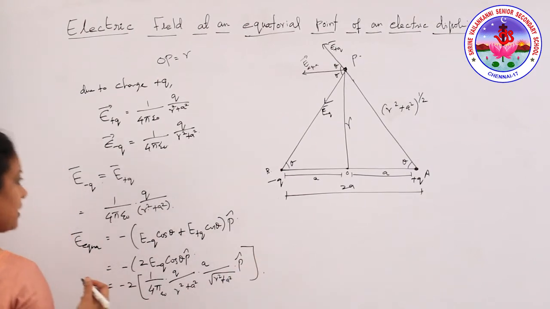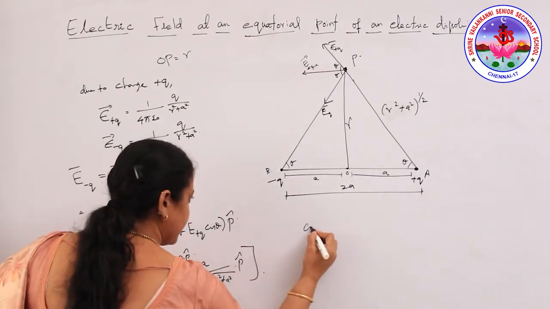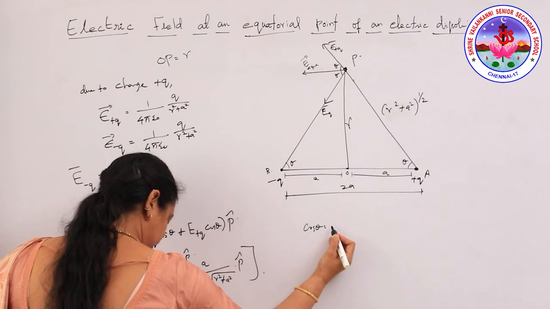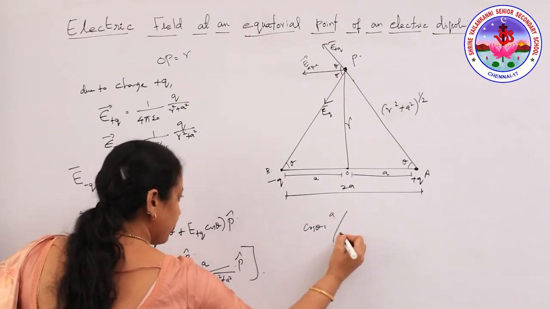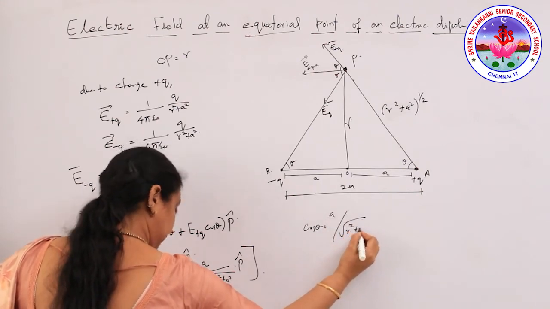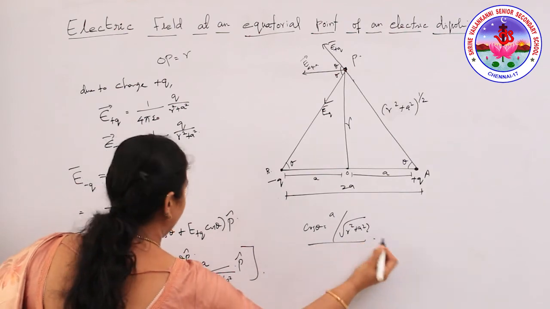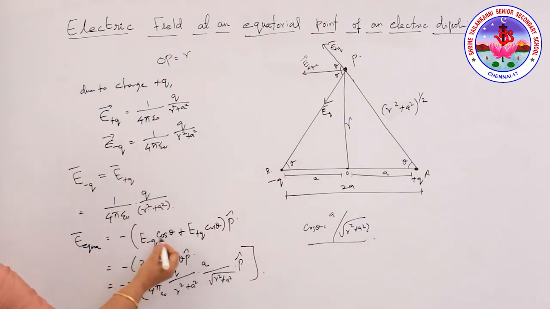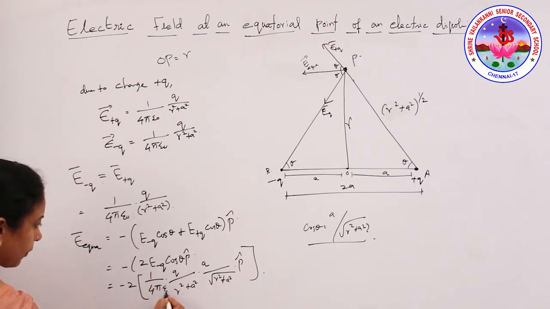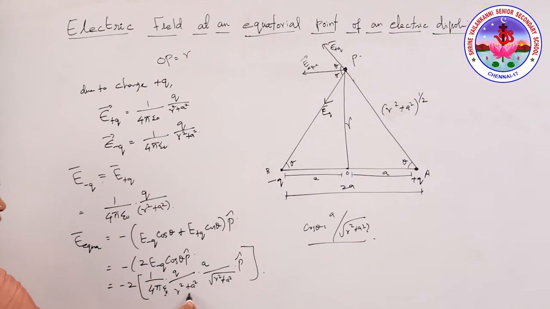See, the value of cos theta, what will it come to? That is A by root of R square plus A square. So, this is the value we applied here for the cos value, right. So, 2 into 1 by 4 pi epsilon naught into Q by R square plus A square into A into root of R square plus A square into P cap.